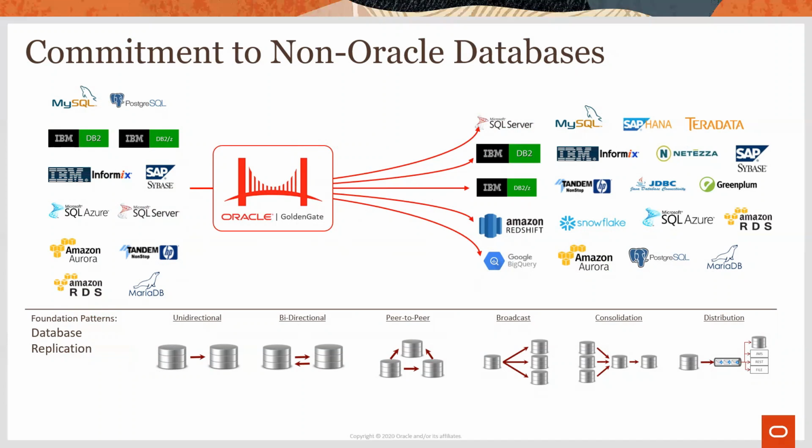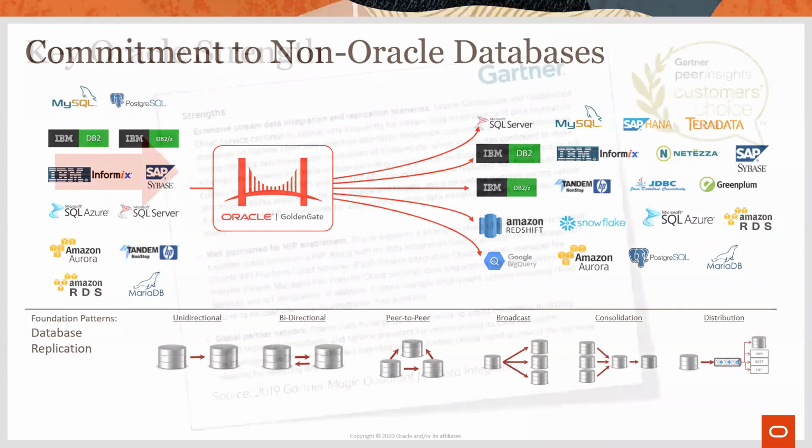And so we continue to invest in all of these platforms and technologies. Any of the typical database patterns, the broadcast, the consolidation, the bidirectional, the unidirectional, all of these patterns are supported in the non-Oracle formats as well. So this is an area where we continue to work directly with these vendors, as well as supporting our own certifications and developments on these technologies.